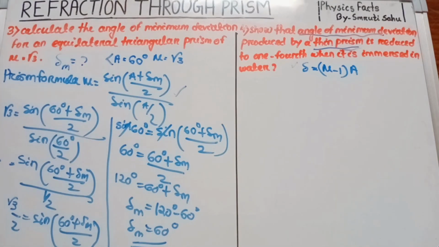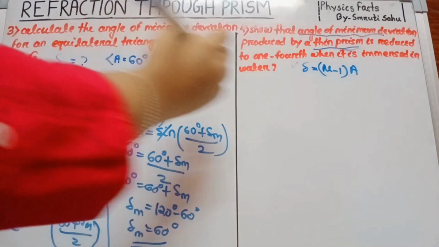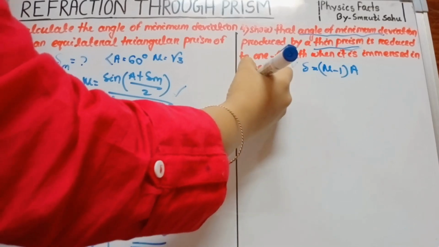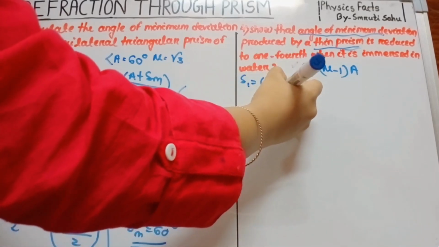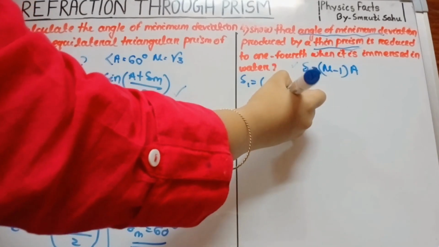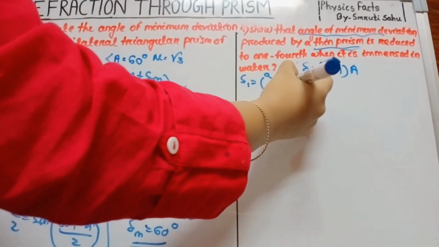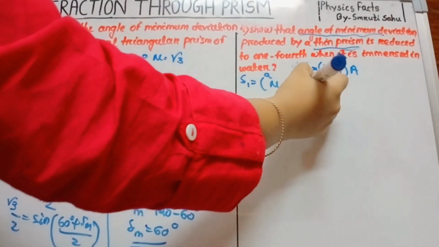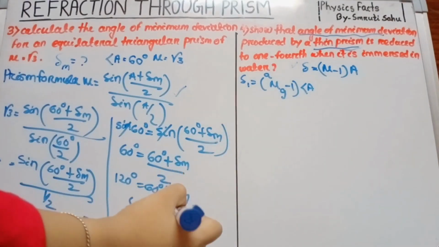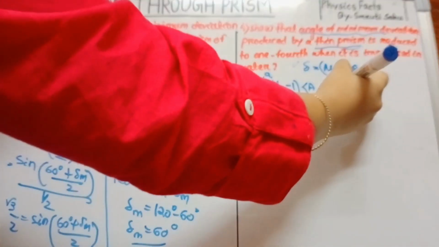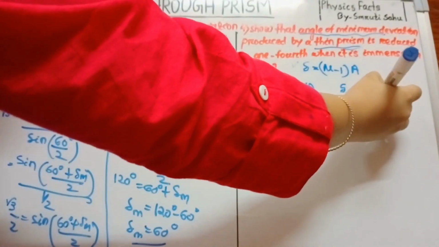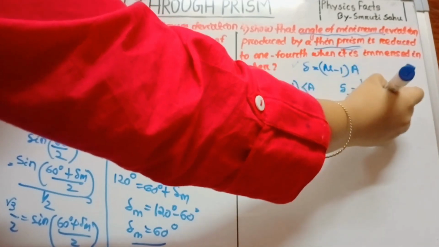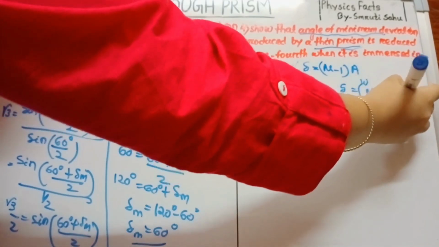When we put the prism in air, delta 1 equals the refractive index of the glass prism with respect to air minus 1, into the angle of prism. When it is immersed in water, delta 2 equals the refractive index of glass with respect to water minus 1, into the angle of prism.